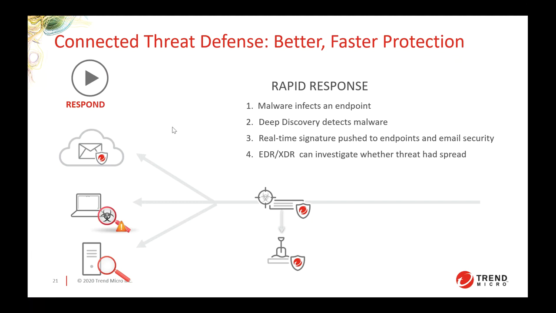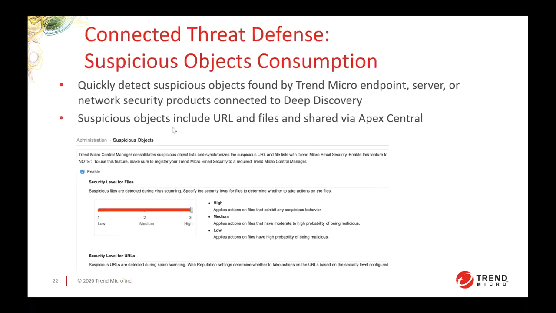The third stage, the real-time signature will be pushed to the endpoint as well as the email security. The sandboxing solution not only sends the signature to the endpoint, it will also send it to the email security solution. So in this case, the XDR or EDR can be used to investigate whether the threat has spread to the other machines or not. This is how connected threat defense will work.